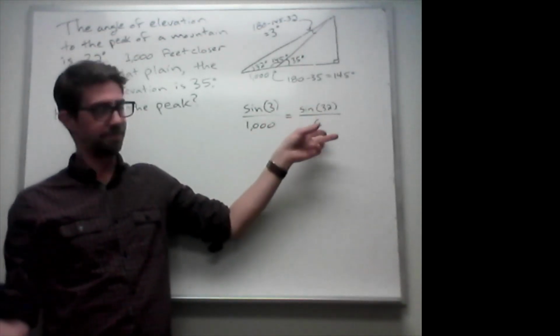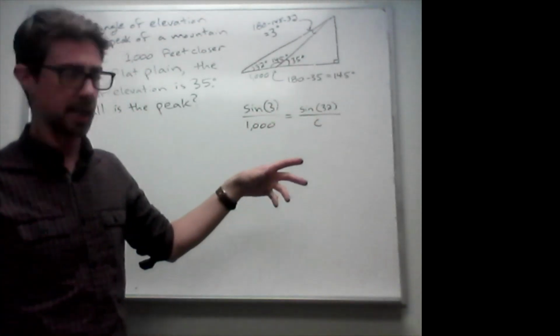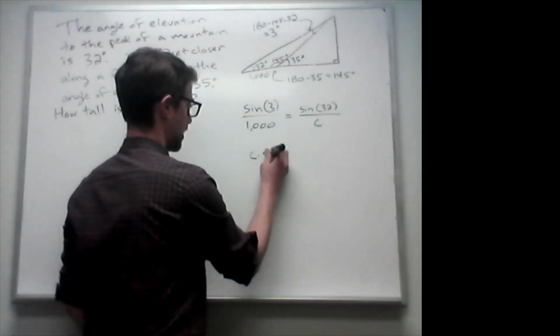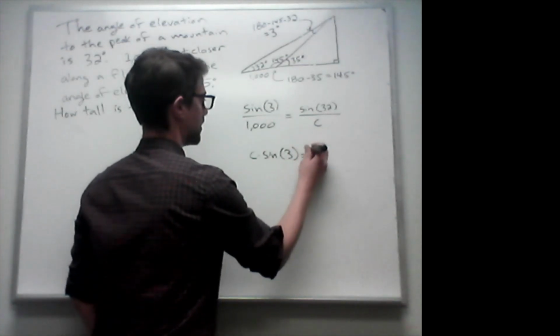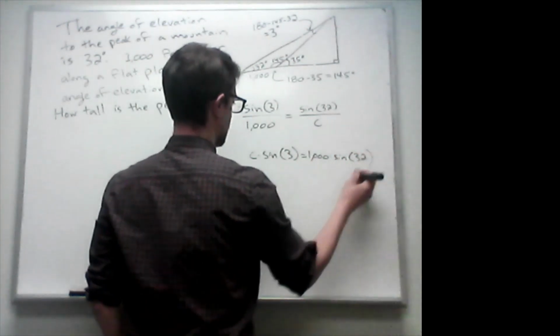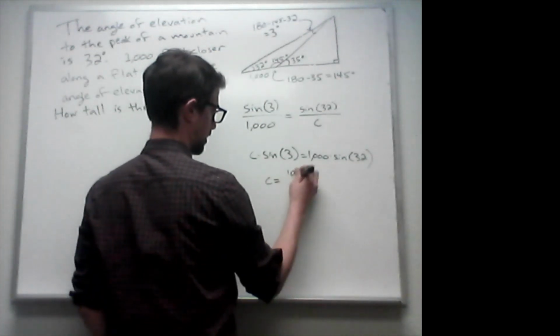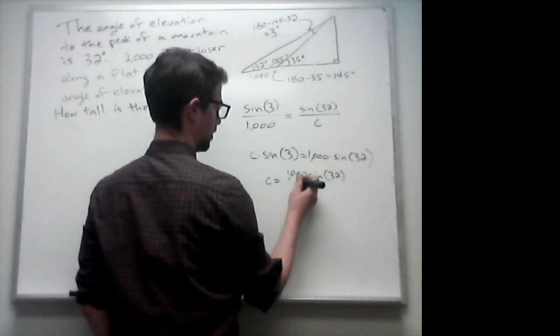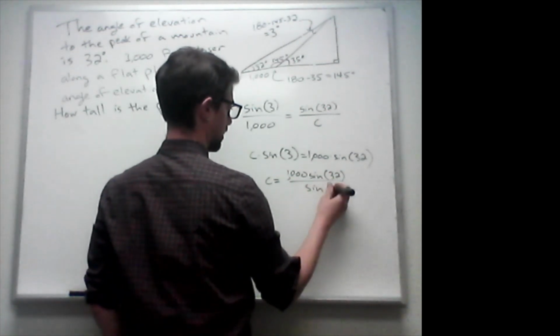You can think about it as cross multiplying. Let's actually cross multiply. So C times sine of 3 equals 1,000 times sine of 32, which means that C is 1,000 times sine of 32 over sine of 3.